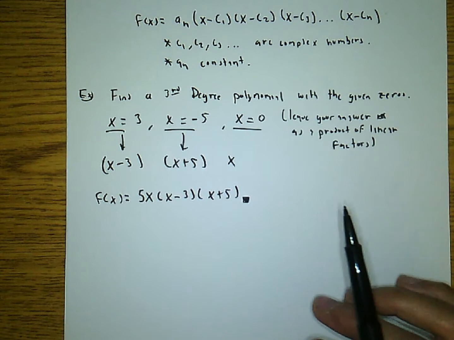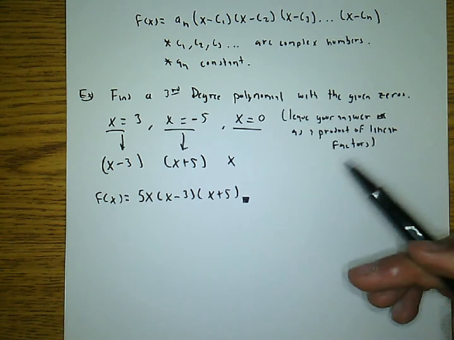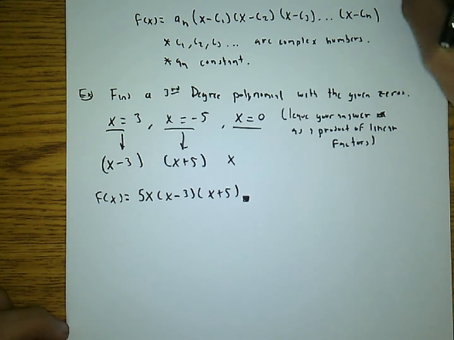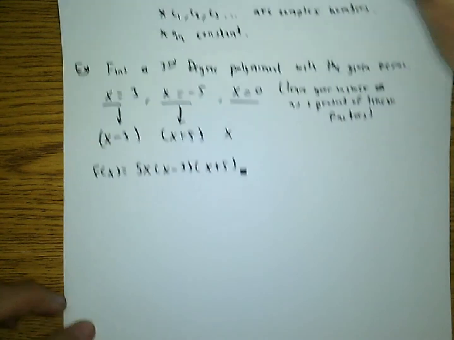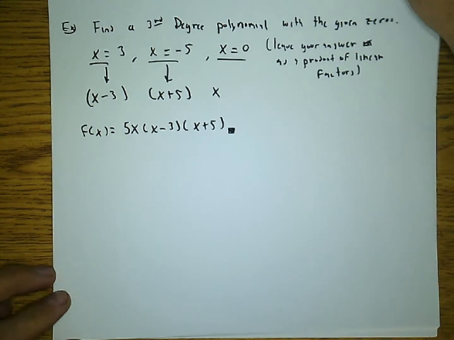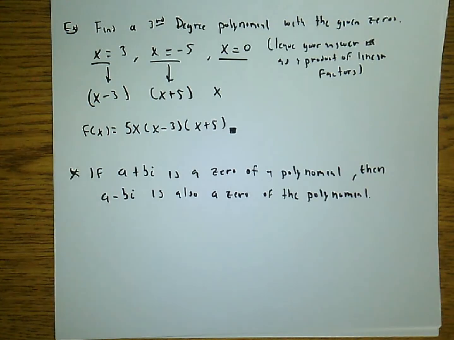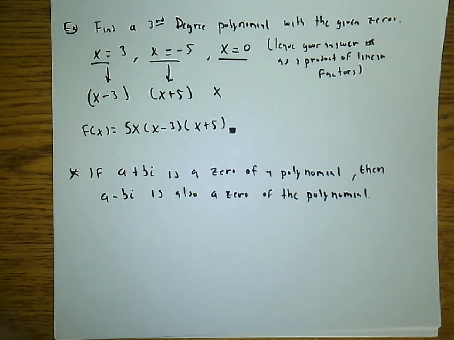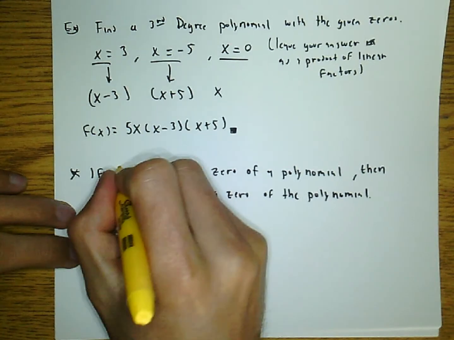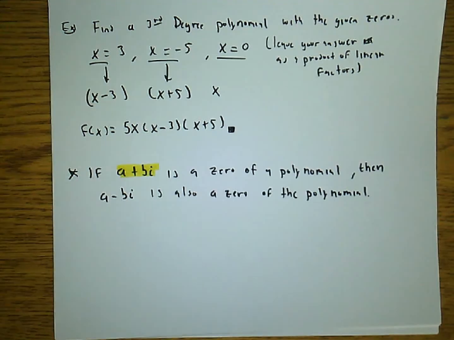which will lead me to another example I want to do very similar to that. But before we get to that, we need to talk about something along the lines of imaginary zeros. Okay, so here's what happens. If you are given a zero, so let's say that one of your zeros is a plus bi, which means it's going to have some imaginary part to it, then automatically a minus bi will also be a zero of the polynomial.